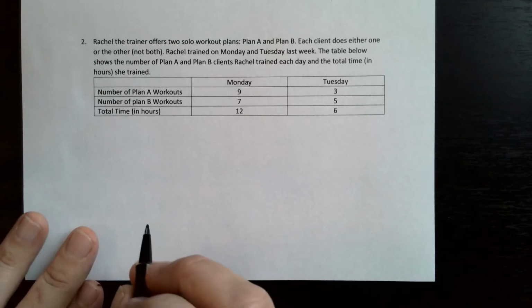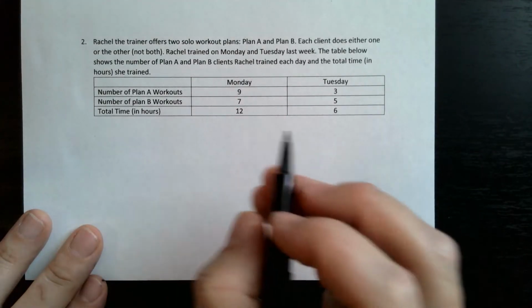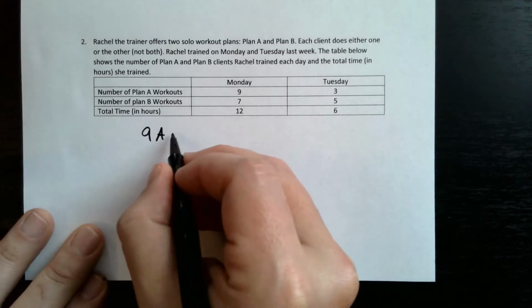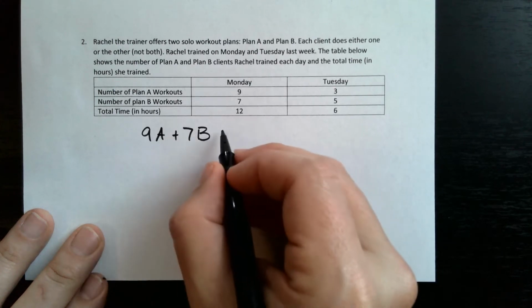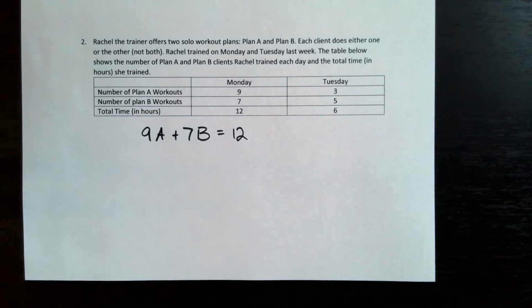So we'll say, oh, we can keep it as A and B this time. So 9A plus 7B is equal to 12. That's the first equation.